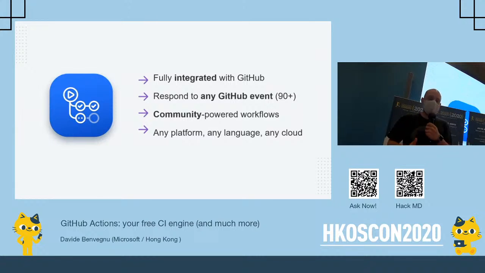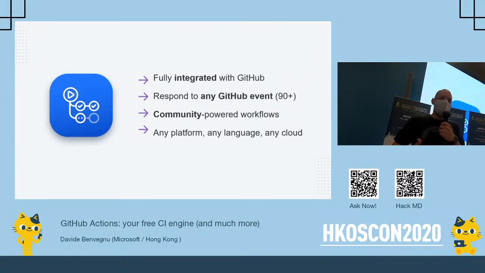And as I said before, it is a complete automation system. To prove that, you can respond to basically any GitHub event. There are more than 90 GitHub events that you can respond to with an action.